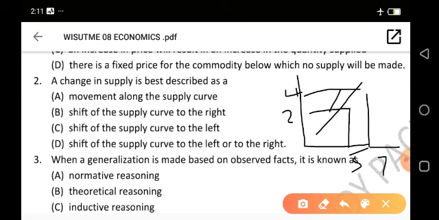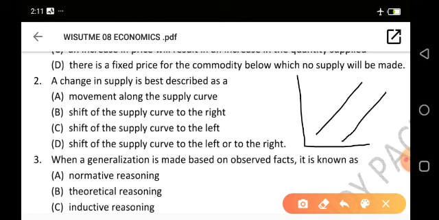This diagram is a little bit different from the one I will draw now. Now this is another supply curve here, and this is another supply curve here. That is what we call a change in supply.